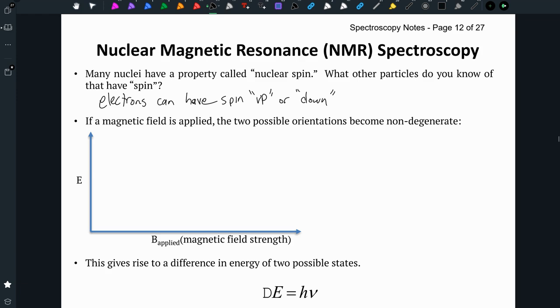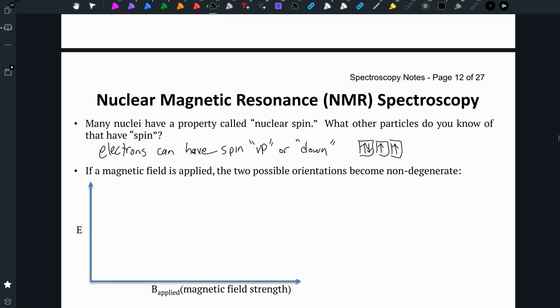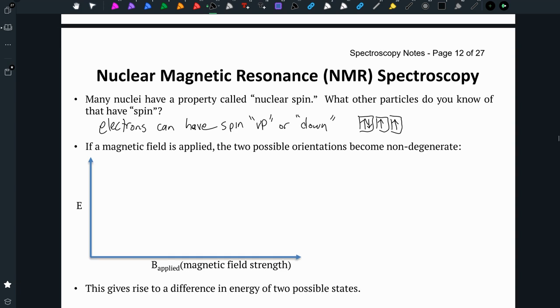That's why you may have seen diagrams where you use arrows to represent electrons as being either spin up or spin down. That represents a quantum quality of those electrons. It's one of the quantum numbers of the electrons. It can either be plus one half or minus one half.